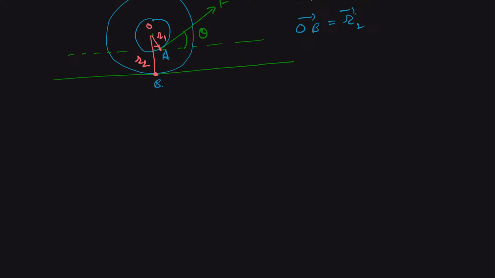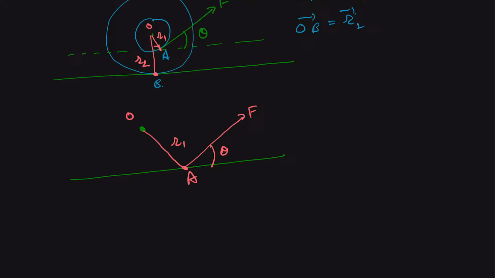So this is our horizontal, and on this we have a point A, and to this we are applying the force F at an angle of theta, and we have a center O, and we have assumed that this position vector is R1.